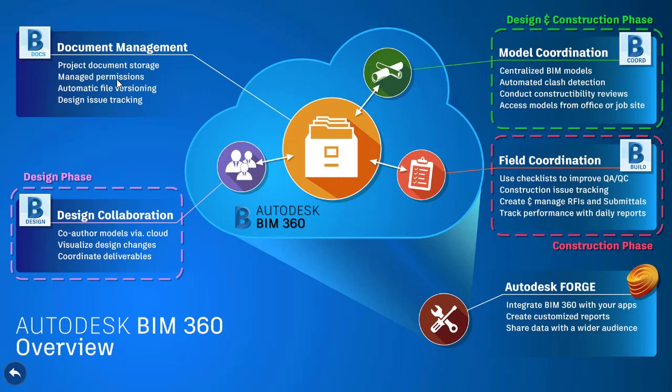From there are additional modules that help build out some of that functionality to allow us to do more with the BIM 360 platform. One of those modules is BIM 360 Design. Using Design, truly from a civil perspective, that's what's going to allow us to work on a Civil 3D project in the cloud.